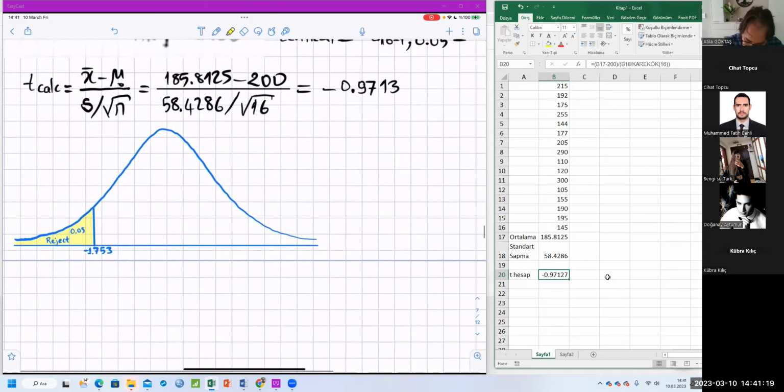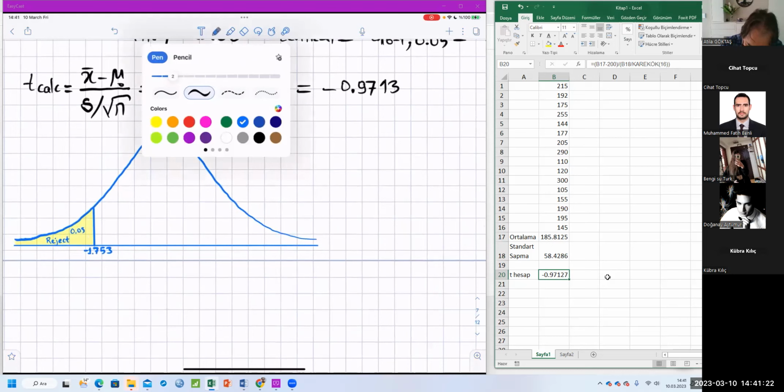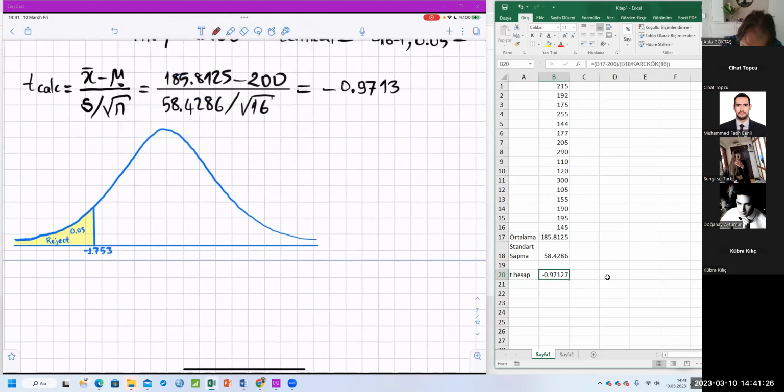The calculated statistic is falling within the accept region.